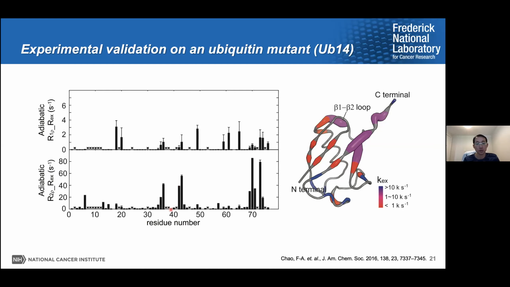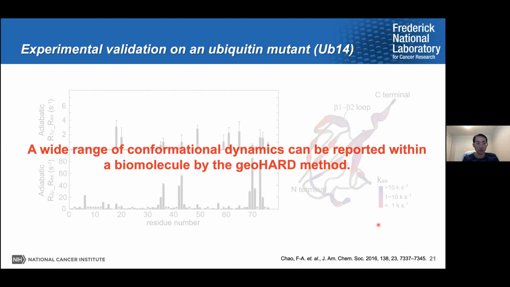We have huge dispersion from our experiment in the middle of the primary sequence and the end of the primary sequence. And we do see a wide range of conformational dynamics using this approach. This is our first time seeing this using the modified method. With the original adiabatic relaxation dispersion experiment and a new data analysis tool, we are able to see a wide range of conformational dynamics.